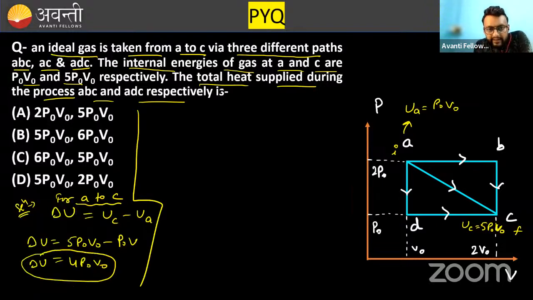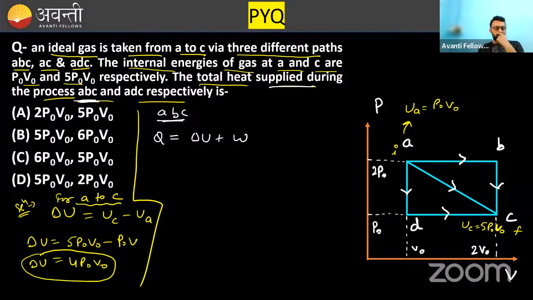Now, we are interested in the heat supplied during the process ABC. So first of all, identify the process ABC. I have marked the process ABC. Look at this process. Clear? Now, since heat supplied is asked, they are asking about Q. And for Q, there is only one relation: Q is equal to delta U plus W. This is the first law of thermodynamics.